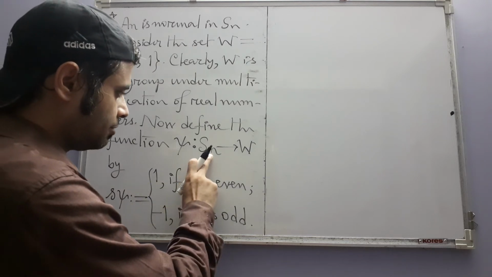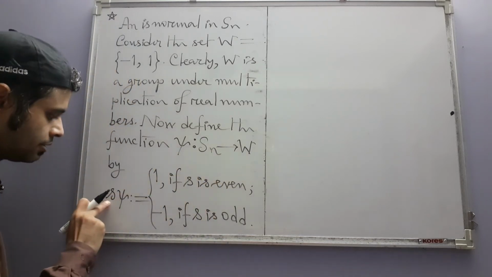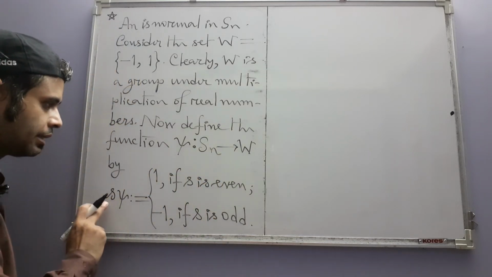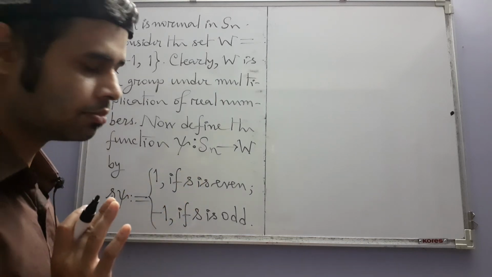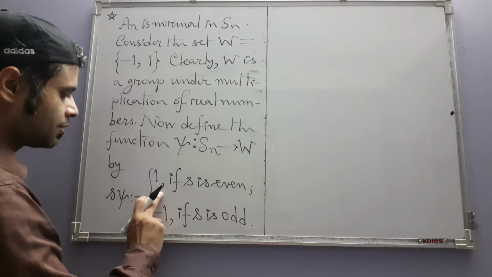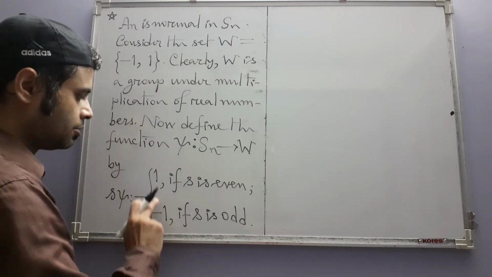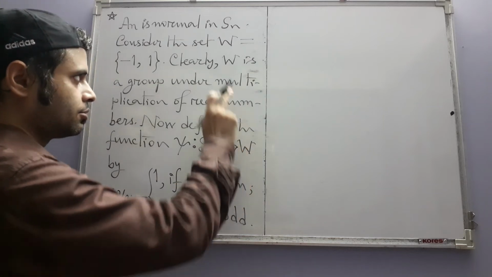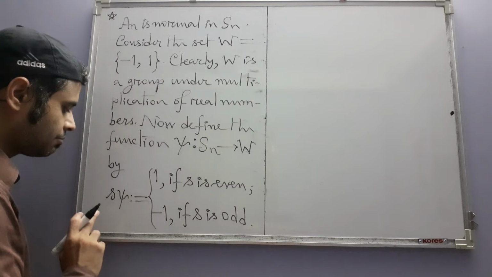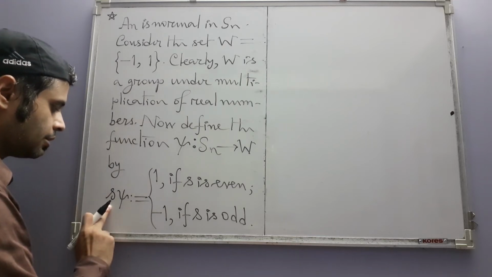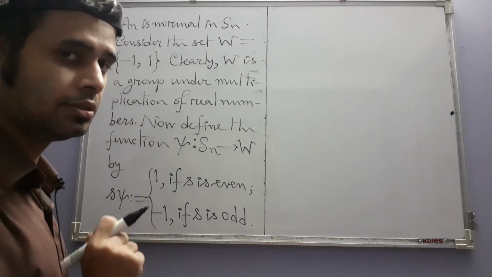First, if you take anything from Sn, from the domain, and that anything is your S, keep in mind that S coming from Sn means S is a permutation on n symbols, and the definition of the function tells us that its image is either 1 or minus 1. So these images of course belong to W, so there is no problem with that part. But the second part is that for a chosen S, whatever the image is, it should be unique.